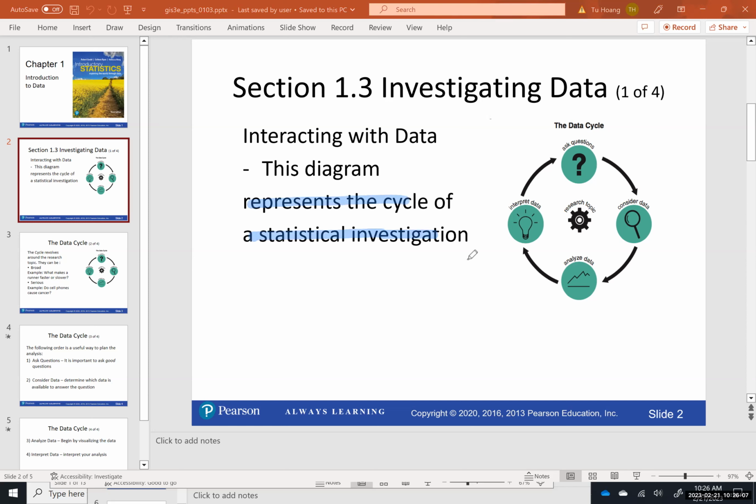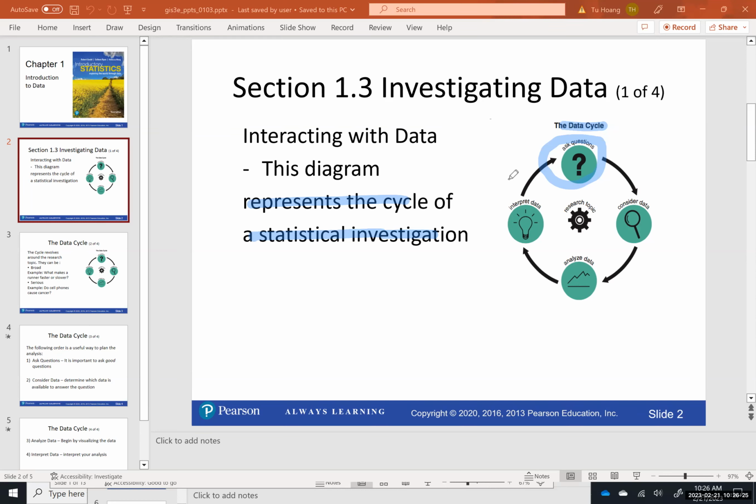As you see, the data cycle, you can start with asking the question, right? For example, what is the average age of the merit student this year, something like that.